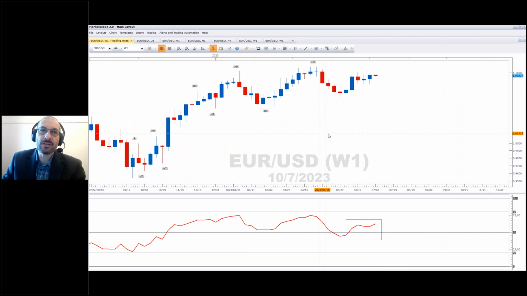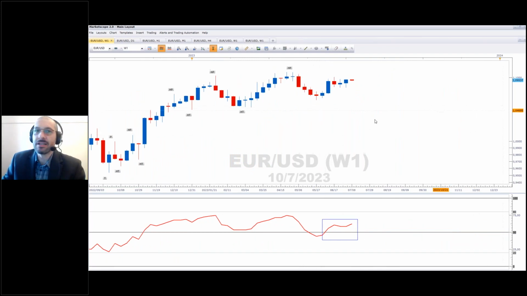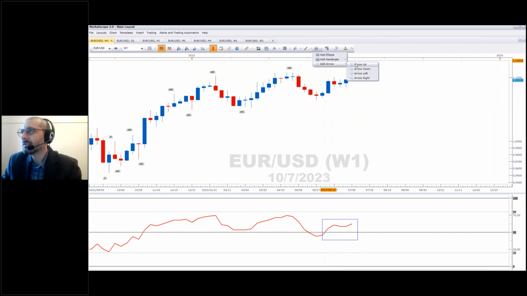So if the US dollar is showing some signs of weakness, then potentially Euro showing some signs of support. Okay, so we don't have a reference candle reversal here just yet, but I would say that's probably the reference candle, and we do have a reference candle reversal back here.